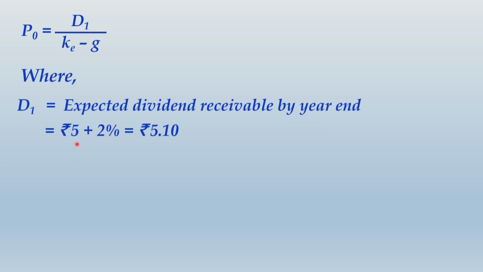Because rupees 5 was not the expected dividend, it was the current dividend reported to you. So this point onward, take precaution whenever you have to work out the dividend which is expected. If the question informs you expected dividend, take it as it is. If it does not inform you expected dividend but provides you information about the current dividend, you add growth rate to that to arrive at the expected dividend.